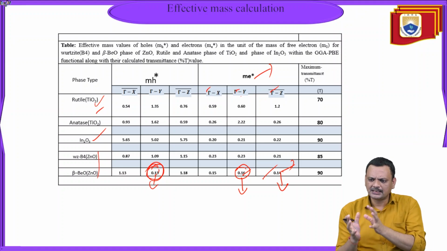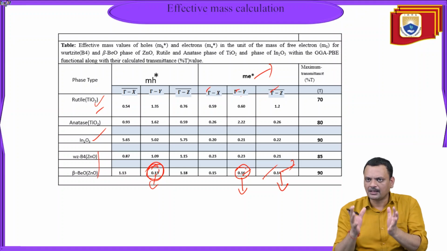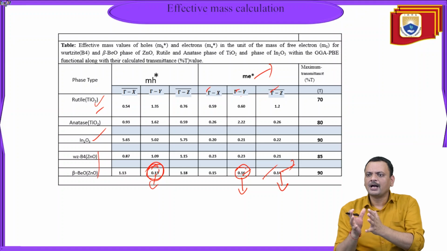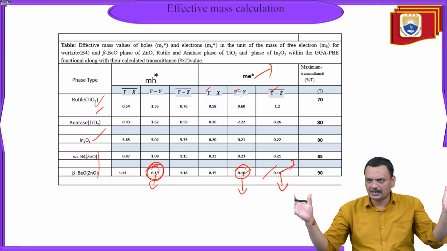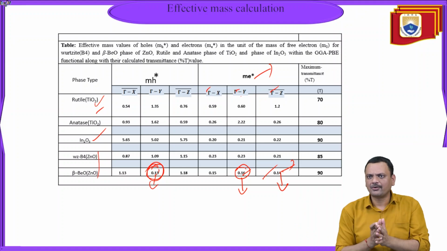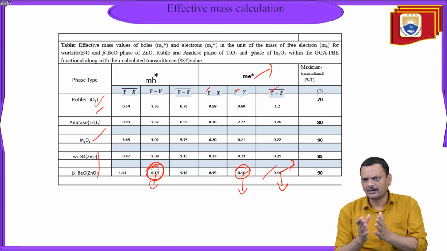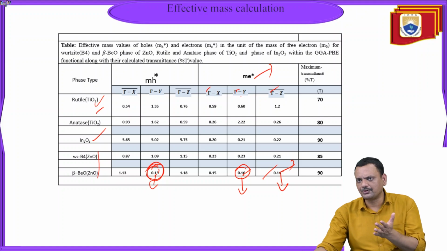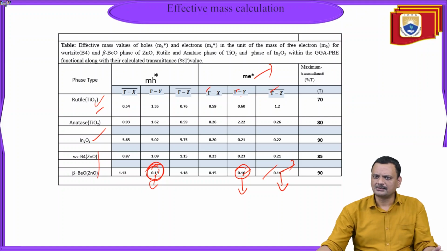So I succeeded in my research in exploring a well-established phase in the negative expansion direction, and I got a very beautiful result where the effective mass values of holes and electrons are very, very low.